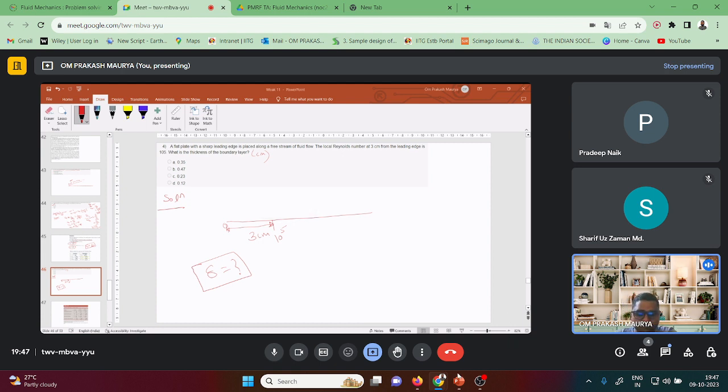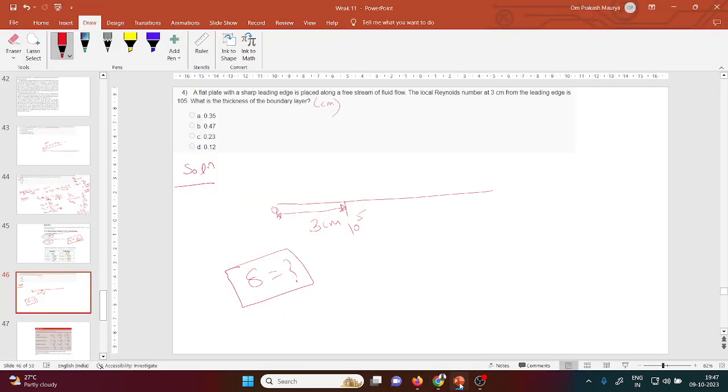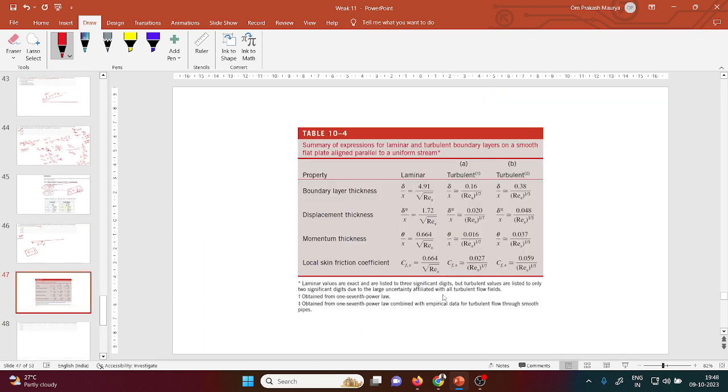Now move on to the solution part. Have you got the solution, Pradeep, or shall we discuss? I can do it, sir. If you are solving, please solve.